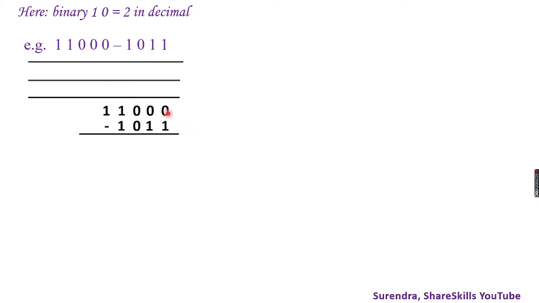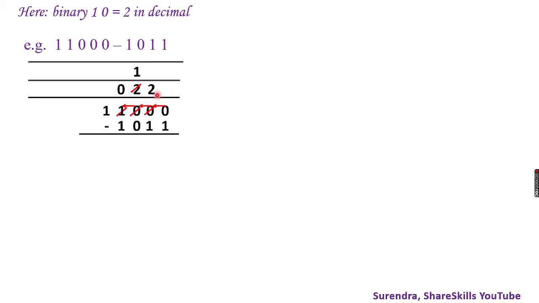Now again, from this 0 you cannot subtract 1. This 0 will borrow from the left digit, but the left digit is itself 0, so it cannot give any borrow. So it borrows from further left digits. Again here is 0, so this 1 becomes 0, and it makes this 0 a 2, and this 2 becomes 1 and makes the right side 0 a 2.